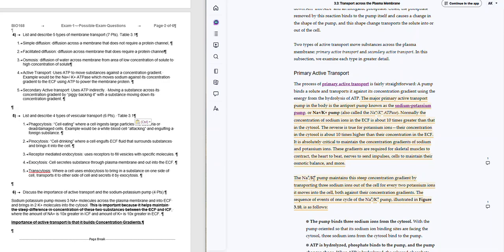So the steep concentration gradient created by the sodium-potassium pump is essential to body functioning. It is important because it helps maintain a steep difference in concentration of these 2 substances, which is critical in the heart pumping, the muscles contracting, and the nerves sending impulses. So it is very important to bodily function that we maintain that concentration gradient that is built by the sodium-potassium pump, which is a form of active transport.